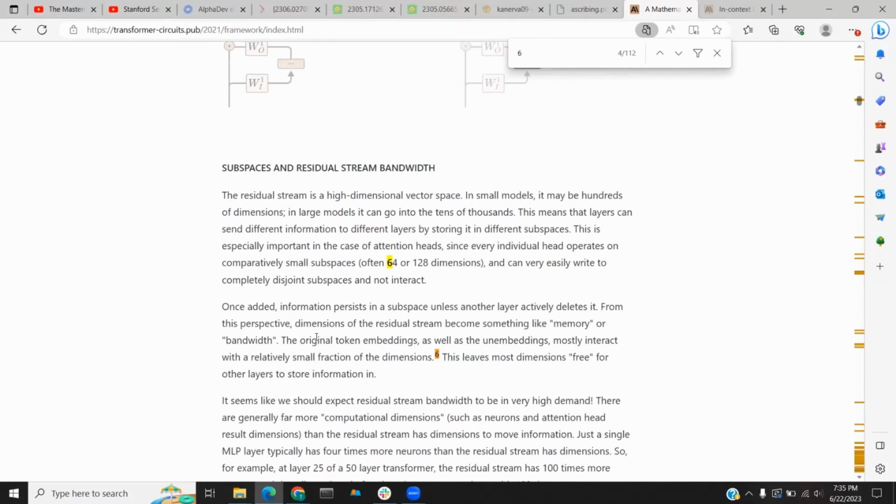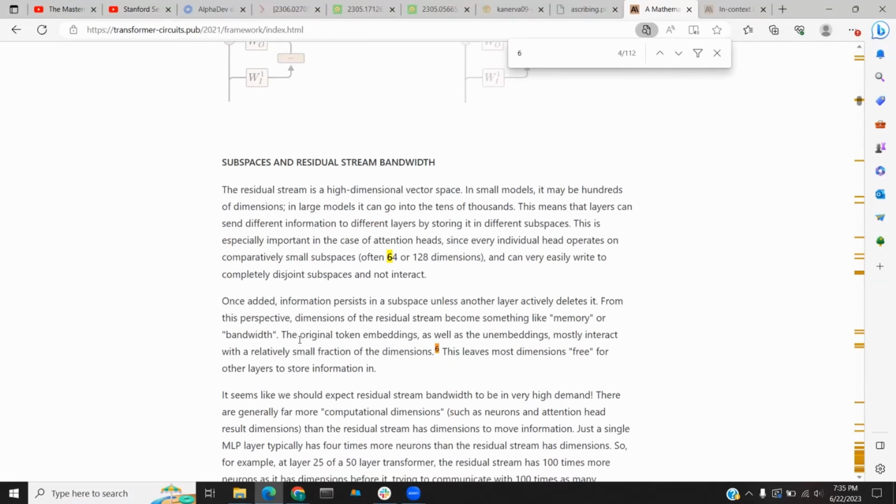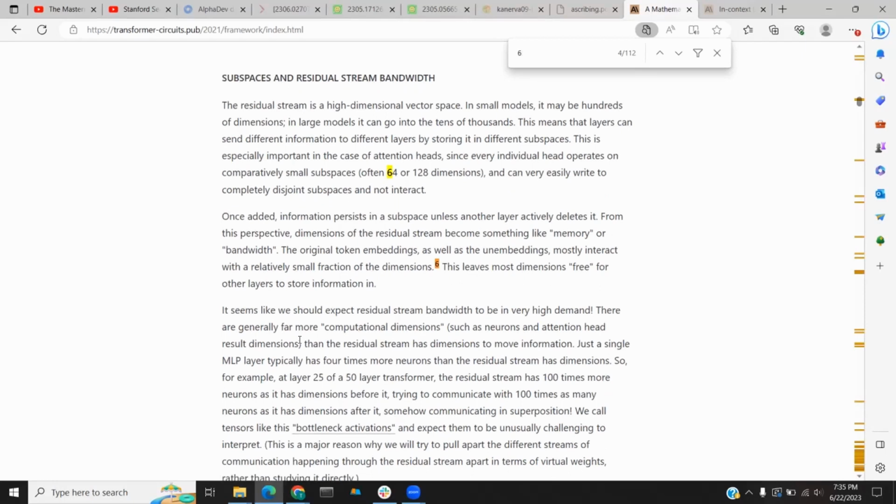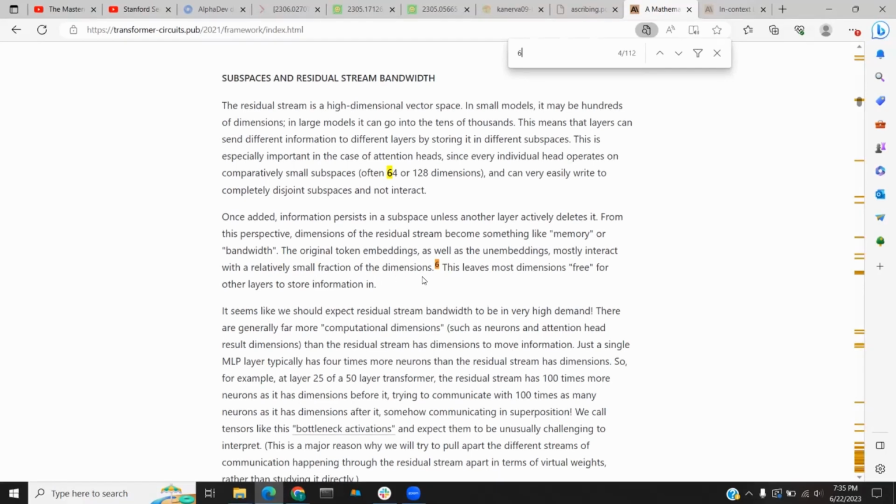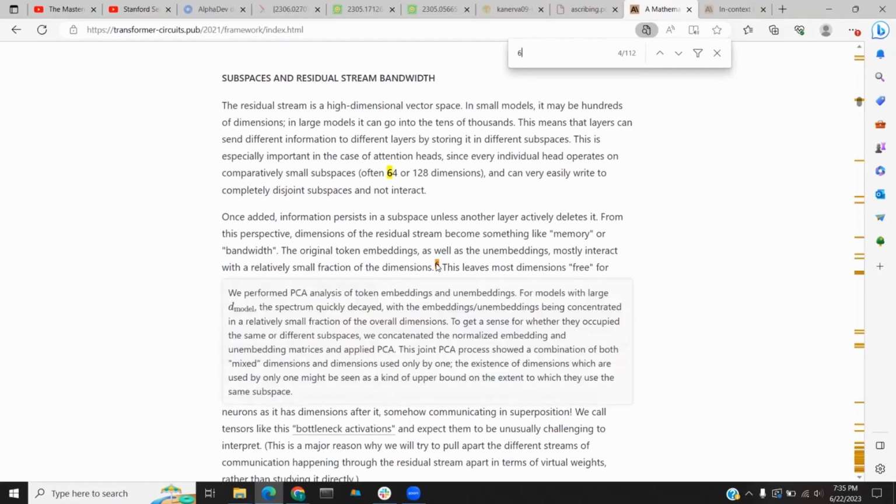So they did a test to see whether or not the token embeddings were using up all of the residual stream, and they found that the token embeddings and the unembeddings mostly interact with a relatively small fraction of the dimensions. And if I hover, you can see this footnote.